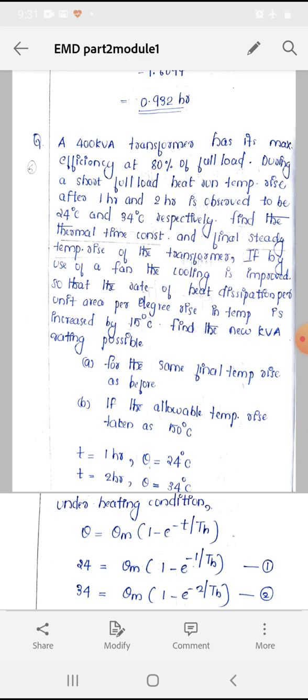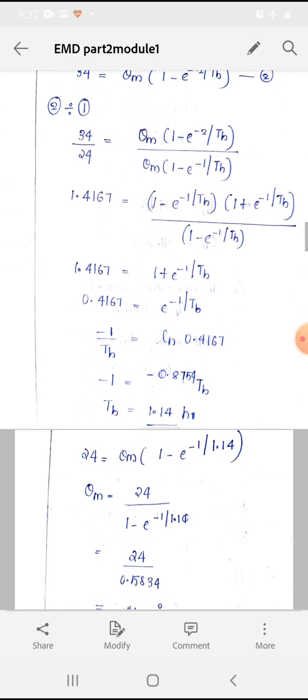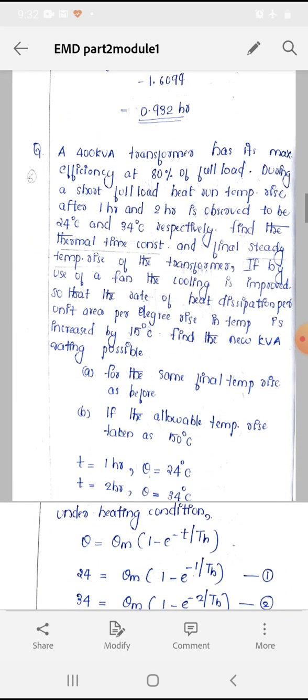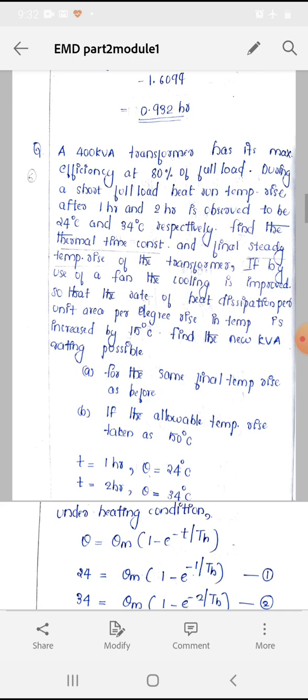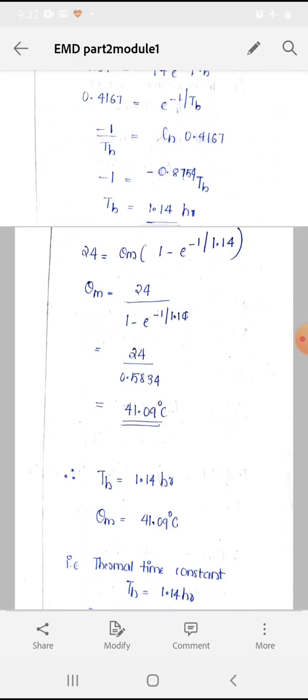First one is to find a new kVA rating for the same final temperature rise as before. And second, they are telling us to find it if the allowable temperature rise is taken as 50 degrees Celsius. So in order to find the new kVA rating, they have given the transformer maximum efficiency condition at 80% of full load.